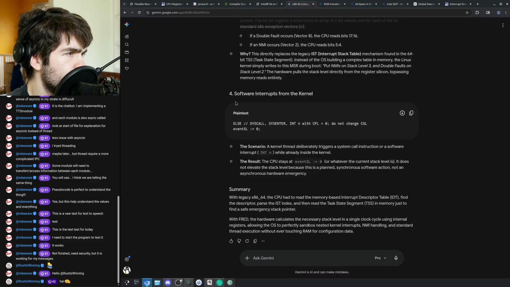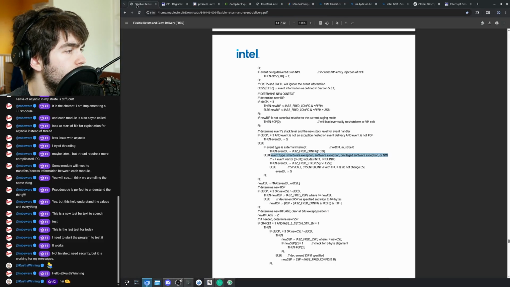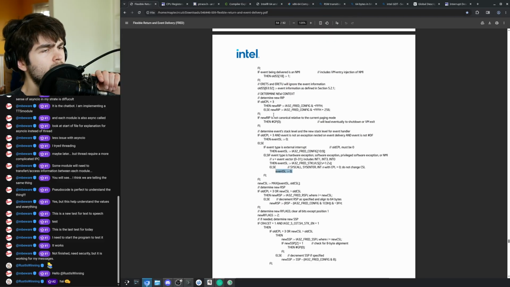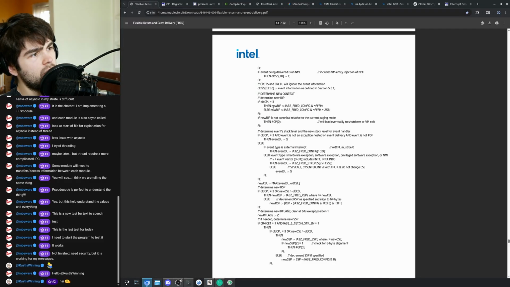Okay, software interrupt from the kernel. Can we read else? Okay, if it's not this or this, else syscall, sysenter, int with CPL 0 does not change the current stack level. So current stack level equals 0. Yeah, no, I'm wrong.